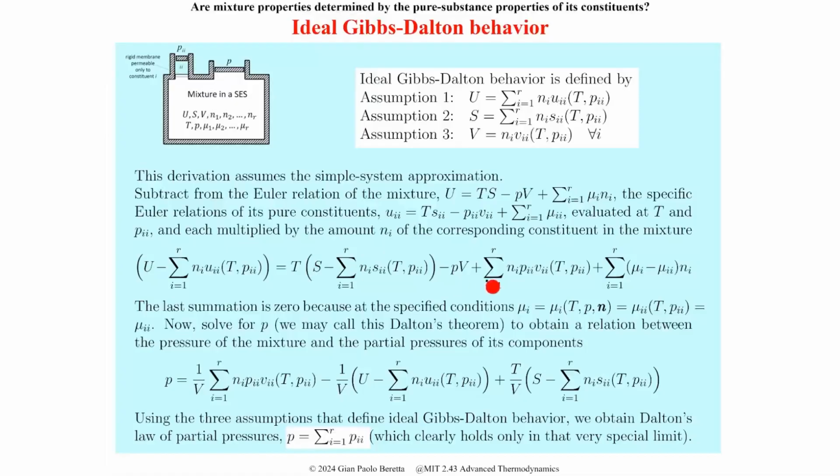This is TS minus PV plus the sum of mu_i N_i. And what I subtracted is the summation of the N_i's, which are the amounts in the mixture, times the single pure component Euler relation: U_ii minus T S_ii plus P_i V_ii and plus the mu's.